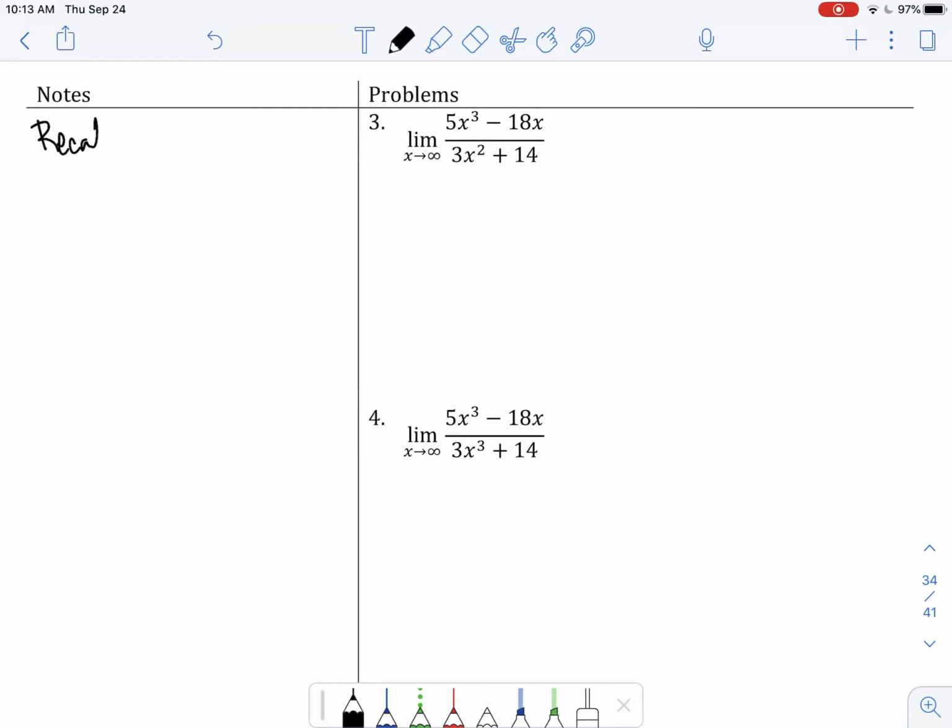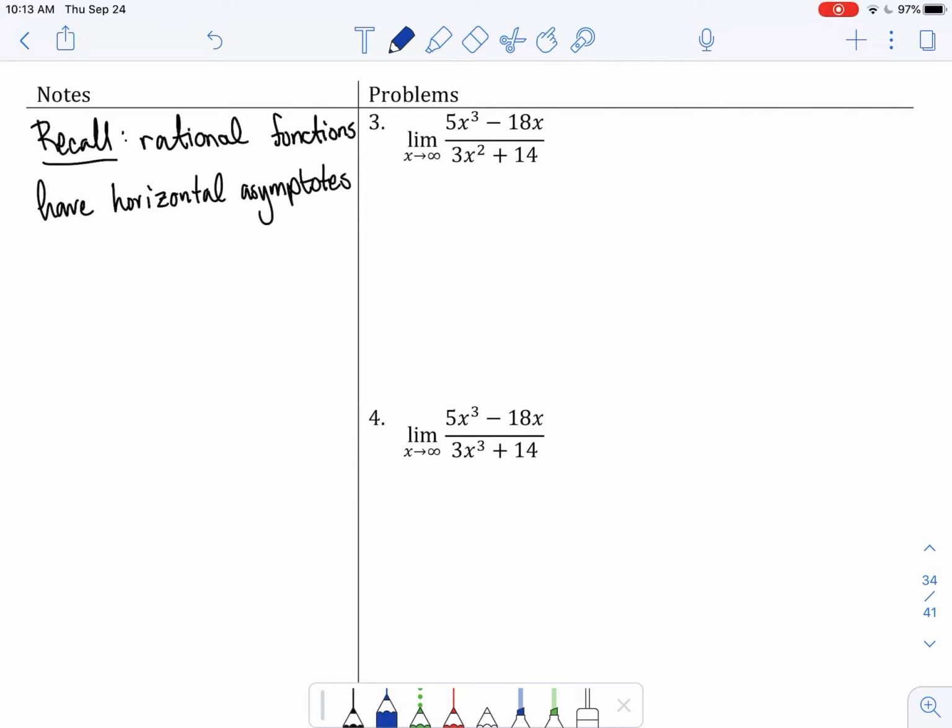Now, what I'd like you to recall from previous class, specifically pre-calc, is that rational functions like these have horizontal asymptotes most of the time. Hopefully, at least with a little bit of a memory jog right now, how to find these.